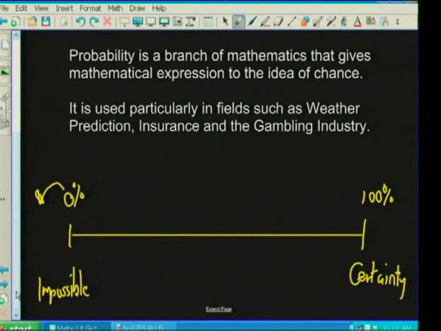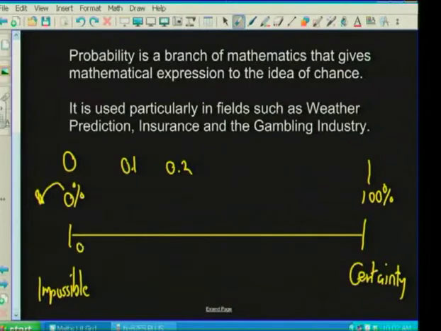If we were to use a decimal, then we would have a value between 0 and 1. So as a decimal, 0 would mean an impossibility, and a value of 1 would be a certainty. Any value in between, something for example like 0.1 or 0.2, would express a certain percentage of probability.